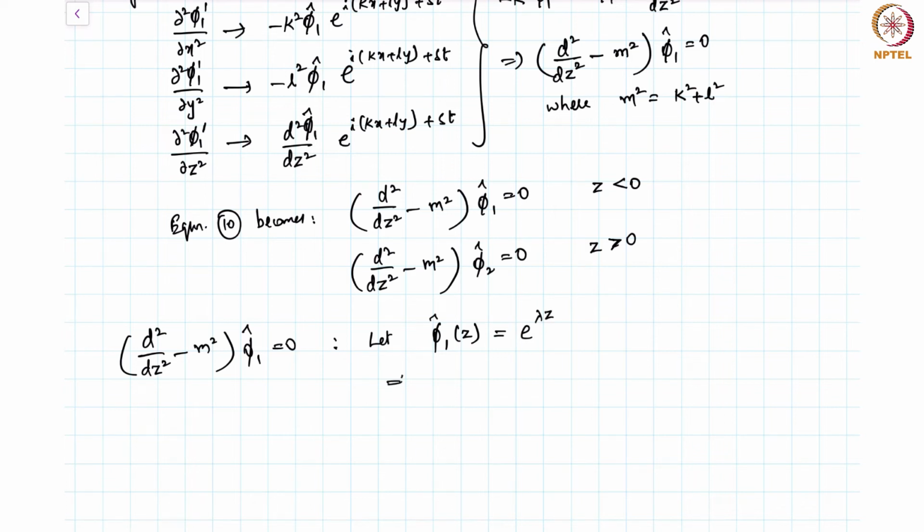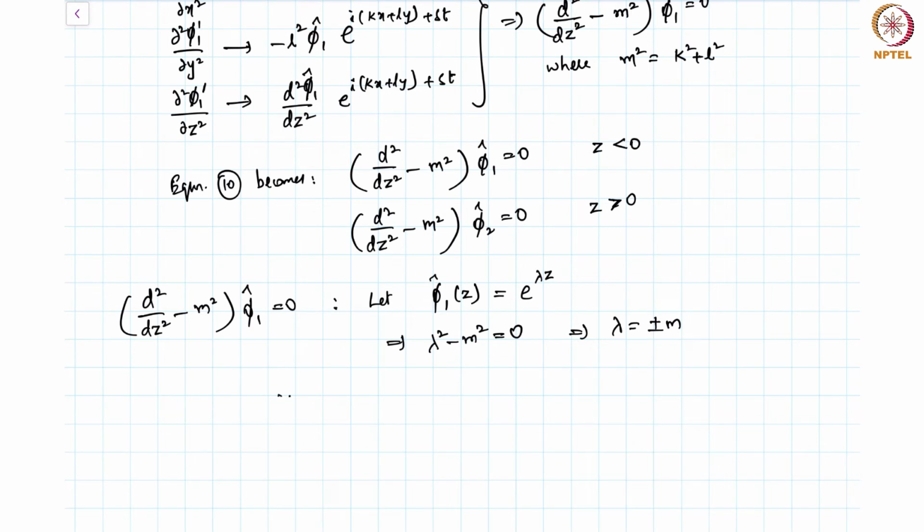If we substitute it, I simply get the relation lambda square minus m square is 0, and therefore lambda is plus or minus m. Therefore, the two fundamental solutions, it's a second order equation, for phi 1 hat will simply be some a1 e power mz plus b1 e power minus mz, right?